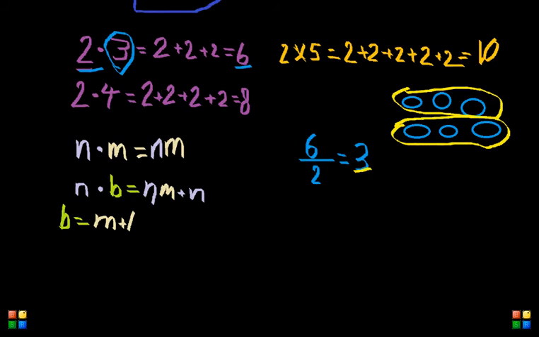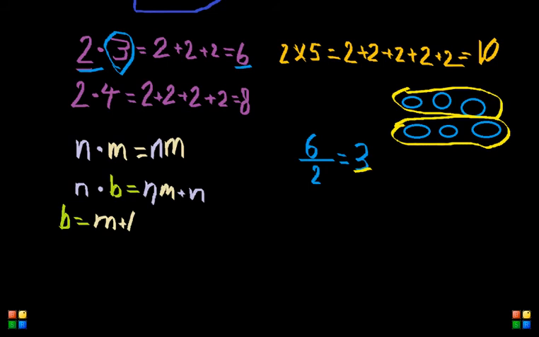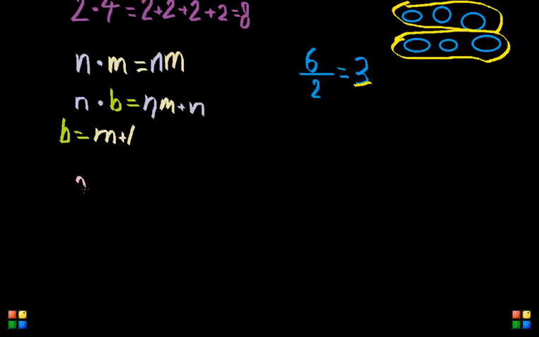So now, how does this affect algebra? So algebra, like I said before, was just a way of finding numbers, missing numbers. So let's say I gave you x plus 1 is equal to 4.